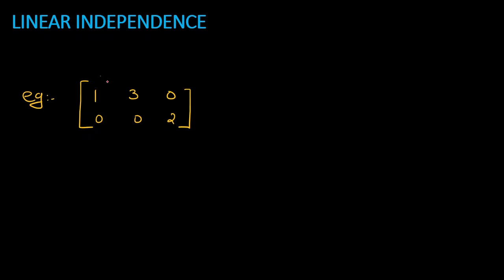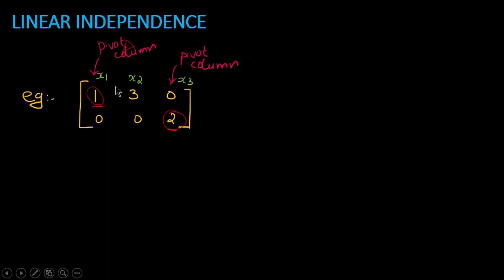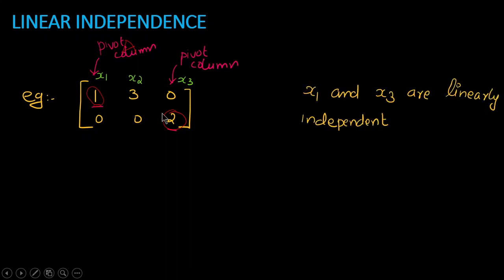So this is a matrix after reducing A. Then we can say that this is a pivot column and this is a pivot column. These two are pivot columns. These columns represent the vectors x1, x2 and x3. So this means that x1 and x3 are linearly independent vectors. And x2 actually depends on the vector on its left-hand side, that is, x2 can be represented as 3x1.